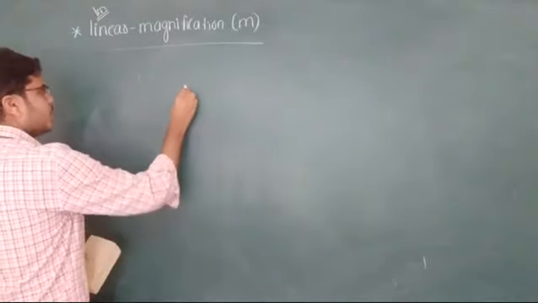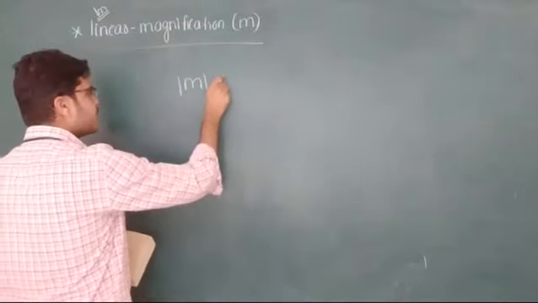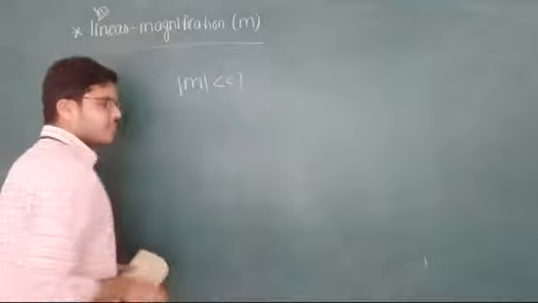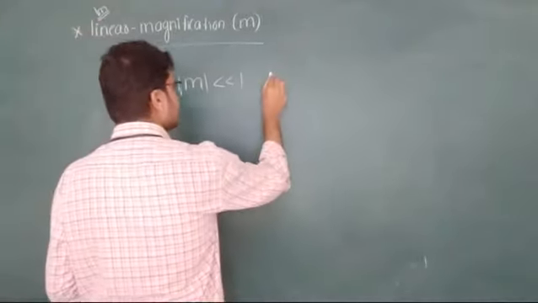Now, if you take only the magnitude, if the magnitude of the linear magnification is less than 1, for example 0.5, 0.4 like this, then the image is a diminished image.